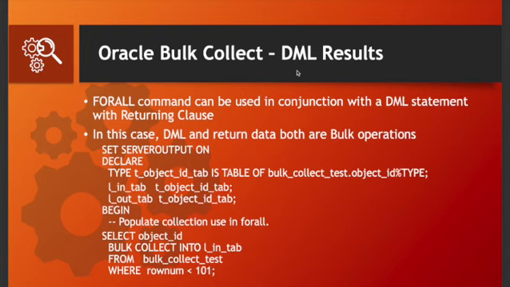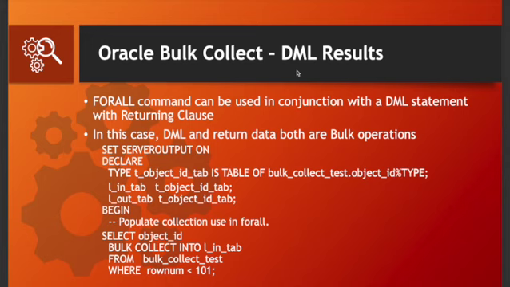The FORALL command can be used in conjunction with the DML statement with the returning clause. In this situation, both the DML and the return data are bulk operations. The below script provides an example of this functionality.